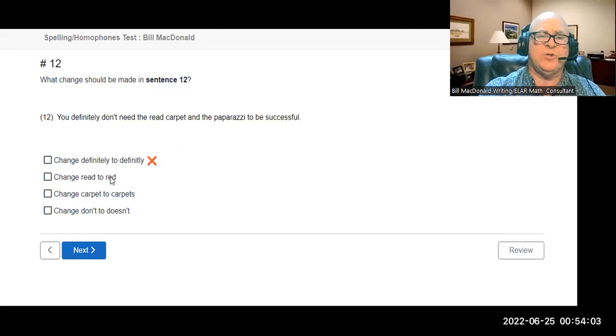Change red to red. Ooh. The past tense verb to the color. Can I have a red colored carpet? Yes. We're talking about the color. I think that will be our answer. Change carpet, singular, to carpets, plural.